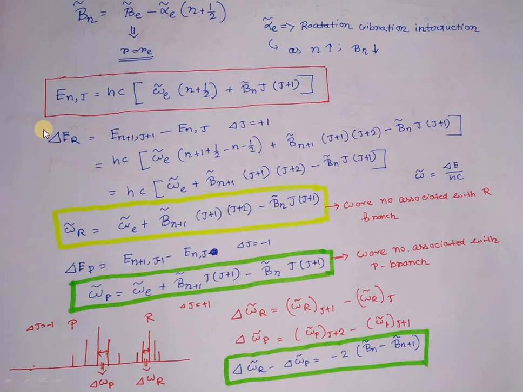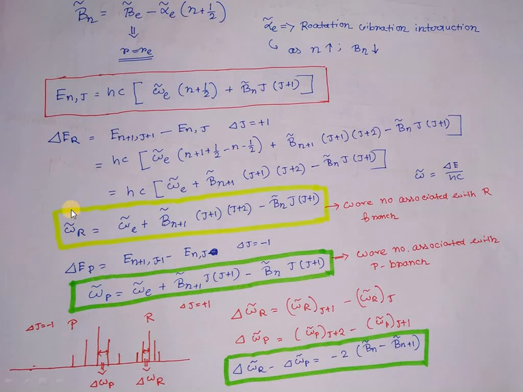Now we can always express this energy difference in terms of the wave number. This omega bar can be obtained by dividing delta E by hc. Whatever unit we obtain will be in centimeter inverse, that is, inverse of the wavelength. That's why it is called the wave number.